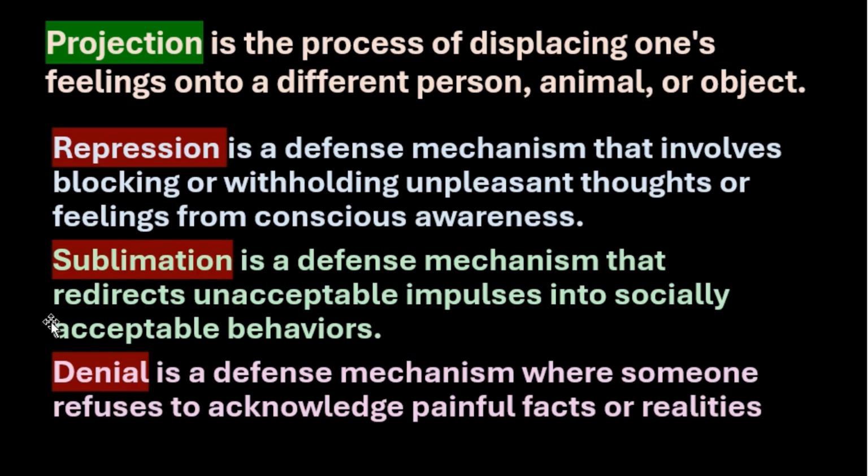For example, a person gets a very nice scolding or shouting from a boss. He can't react to his boss, but when he comes back home, he will blame his children to channel this to a less threatening object. So this is displacement. So be careful about all these defense mechanisms.